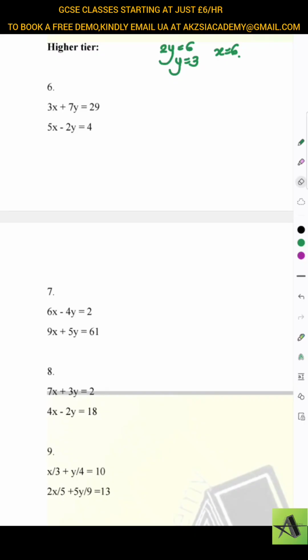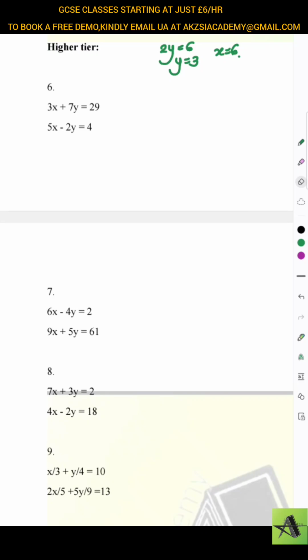But here, I will not suggest multiplying with fractions. If you prefer doing everything with one equation only, you have to multiply with fractions, and I don't suggest that because it will make the calculation much more difficult. So we have to find the LCM of the coefficients.